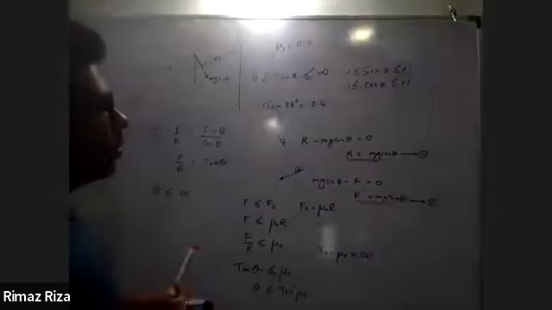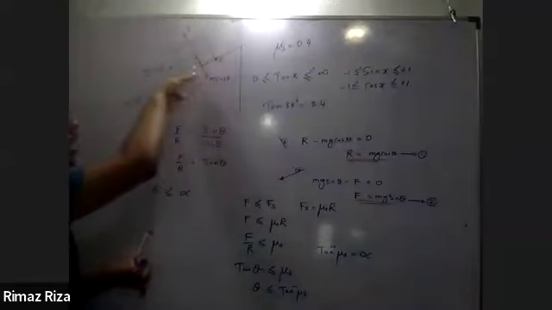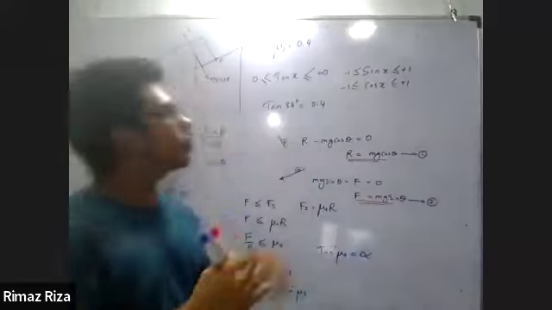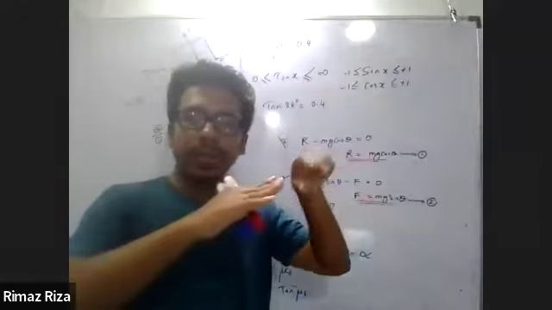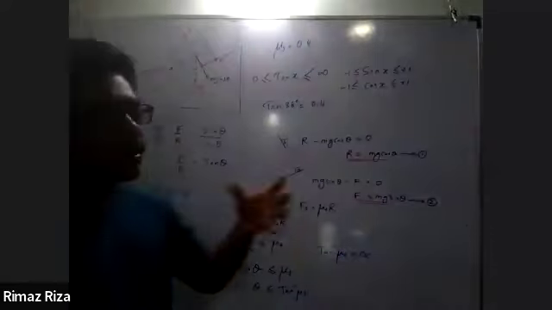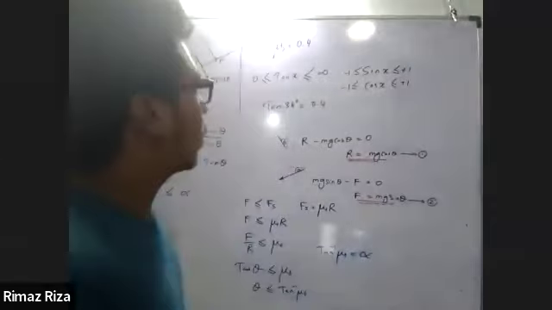That means 38 degrees is the maximum angle that the inclined plane can take so that the object will remain in equilibrium. But if the angle increases more than that, what happens? It breaks the equilibrium and then slides down.